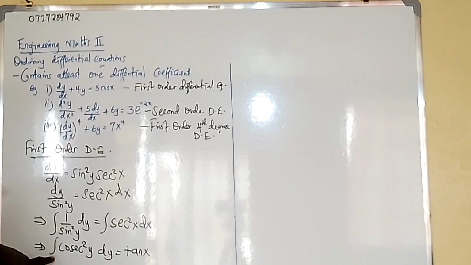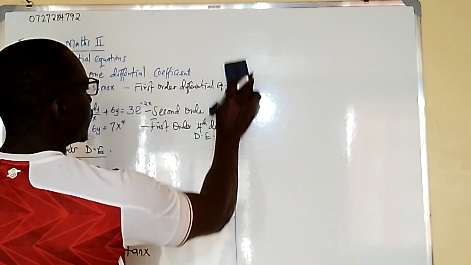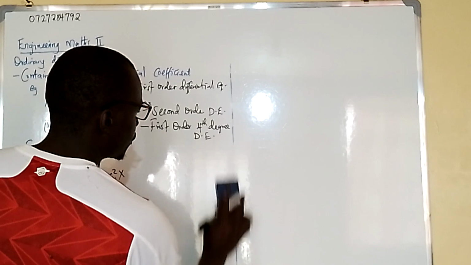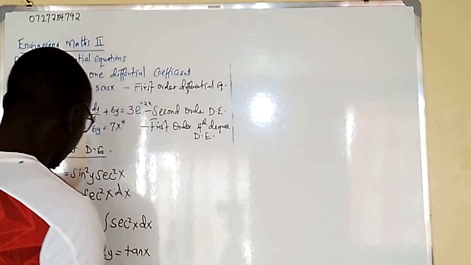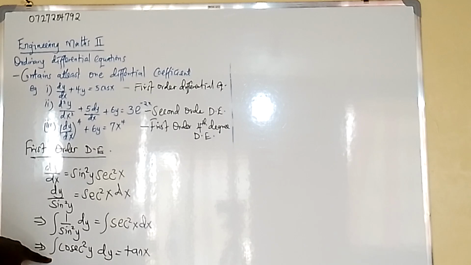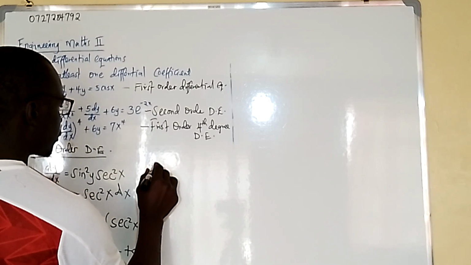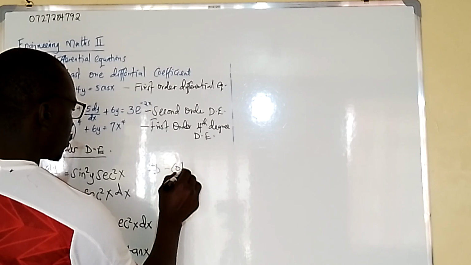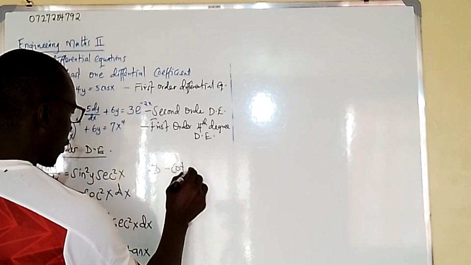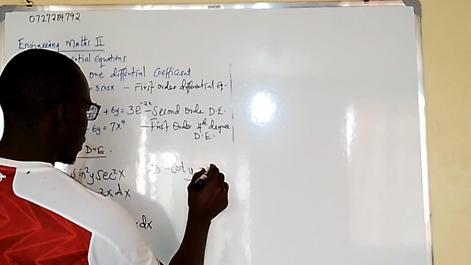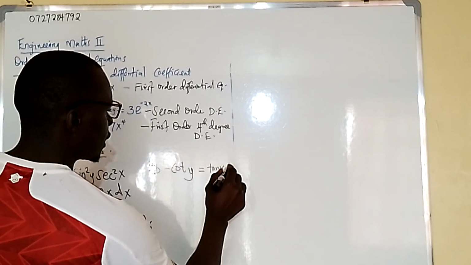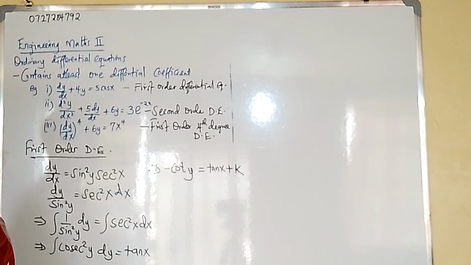And then moving further, we can also simplify this one further. If you integrate cosec squared of y with respect to y, you will come up with negative cot y. So, minus cot y is equal to tan x plus a constant of integration.